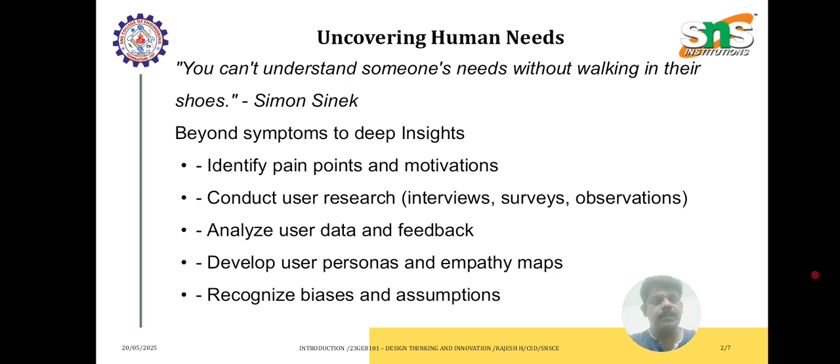So for that we need to initiate user research. We need to talk with various users in different age groups or different backgrounds. That process includes interviews, one on one or in a group, or surveys.